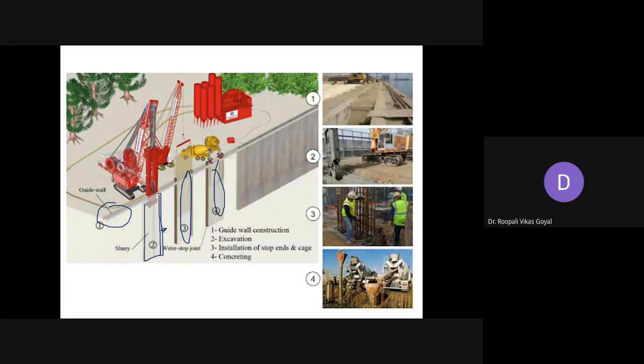Then cage reinforcement installation, and at last we have concreting. So there are 4 major steps. In between, what I have discussed is the slurry treatment, a very essential part, because it keeps the sides of the excavated part vertical and without collapse. So the first, second, third and fourth steps are all given in one figure.